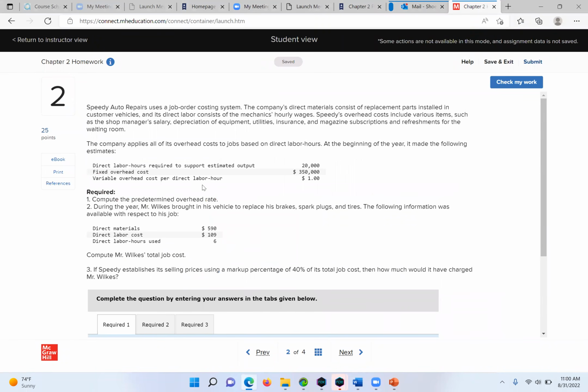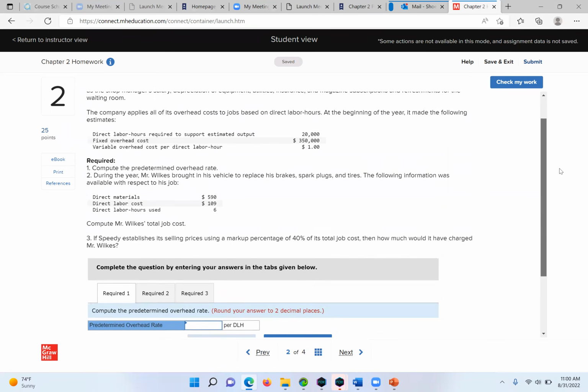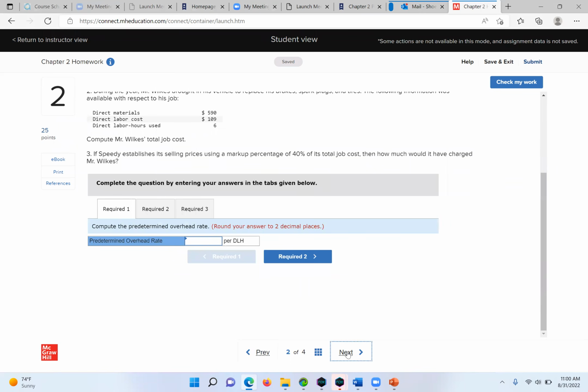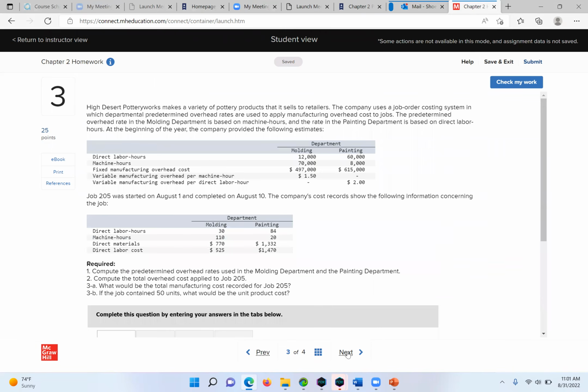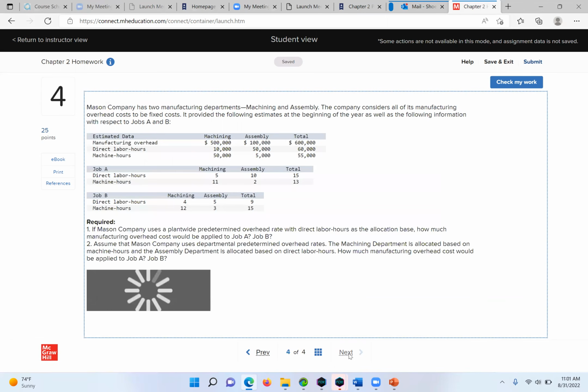Again, everything we have done in class should help you in doing this homework. There should not be any secrets here. These problems are very similar to what we have gone over in class, breaking up the departments, and then the overhead.